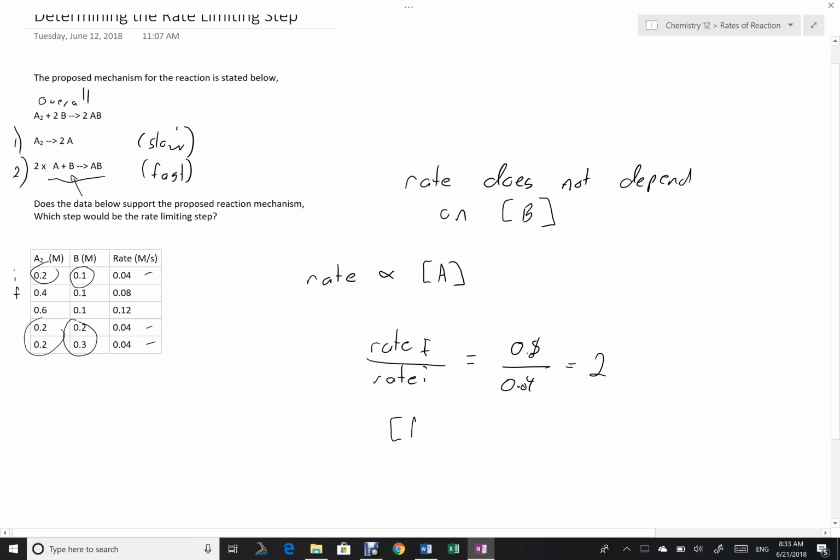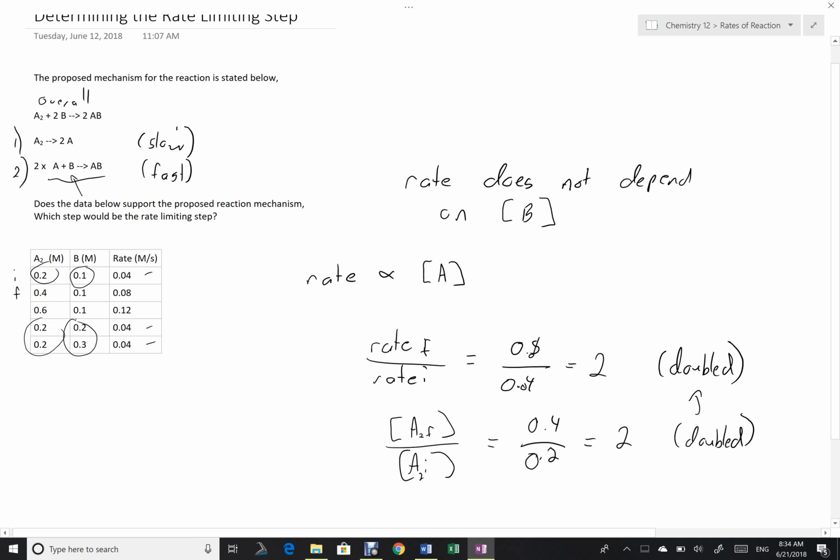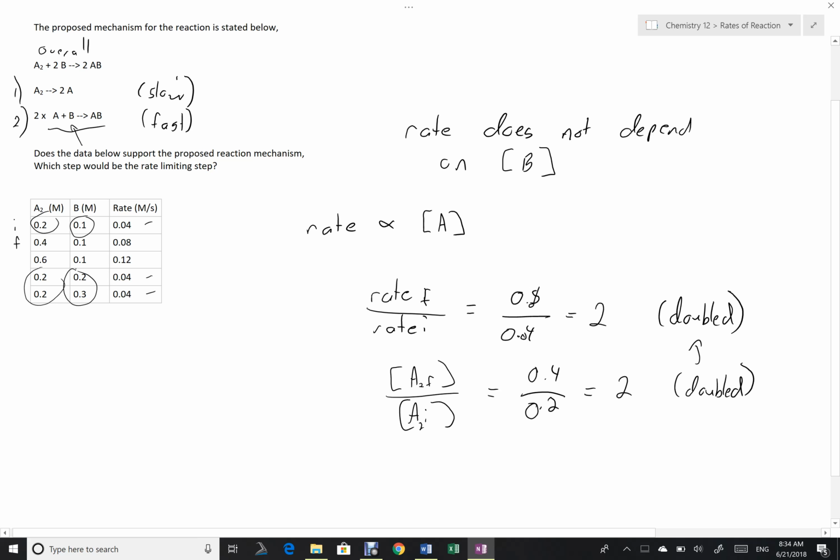Looking at the concentration of A final to the concentration of A initial, I can see that I have 0.4 over 0.2. So I doubled my concentration, and as a result, I doubled my rate. That makes sense for this as a linear relationship.